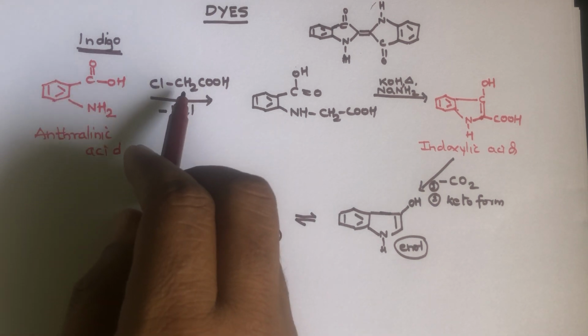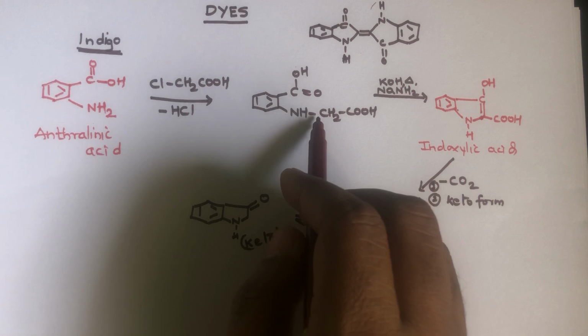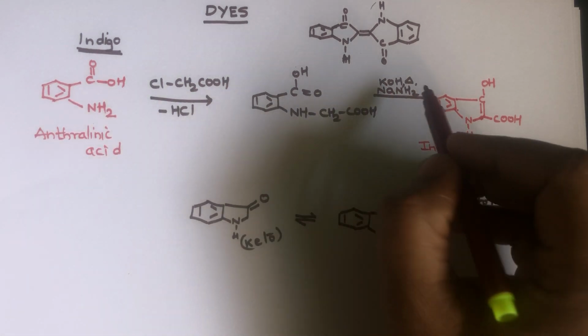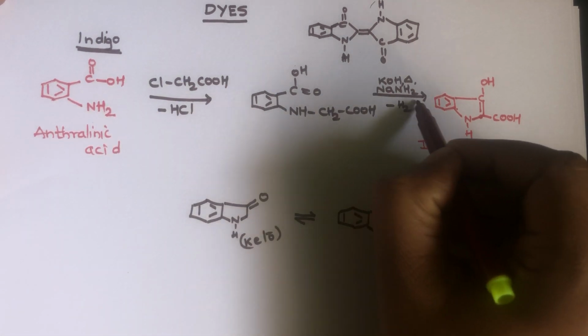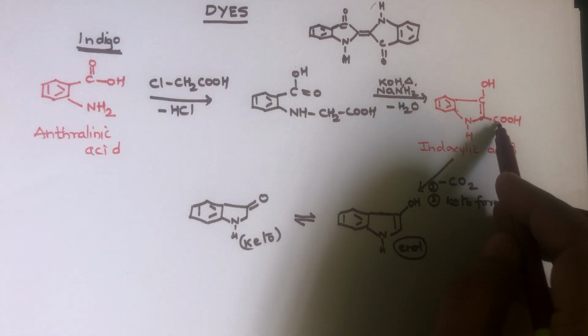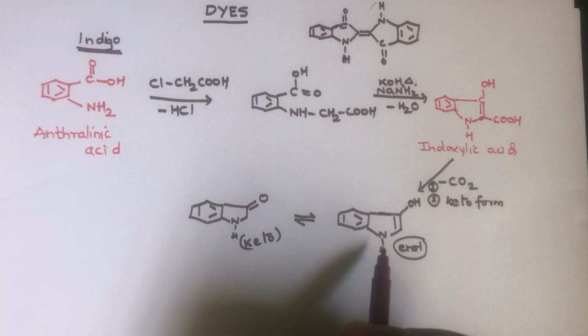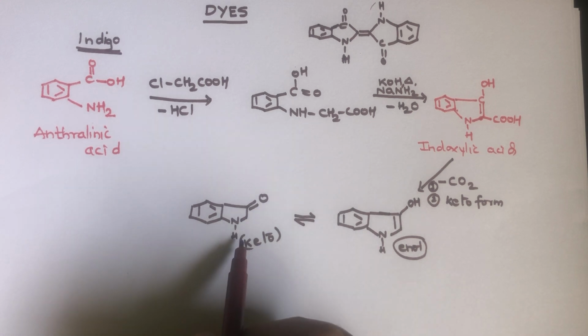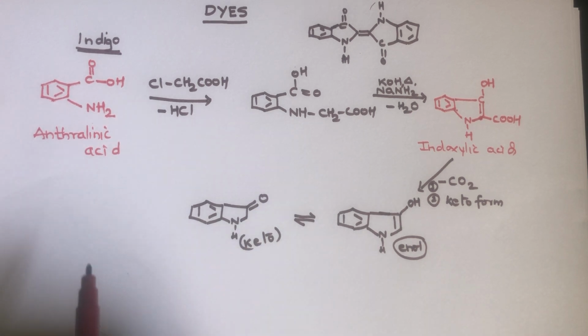Anthranilic acid treated with chloroacetic acid will give you a phenylglycine molecule. When fused with NaNH2, loss of water takes place and you get indoxylic acid. The indoxylic acid undergoes decarboxylation to give you this molecule. This is an enol form. This gets converted into its keto form, the most stable keto form.